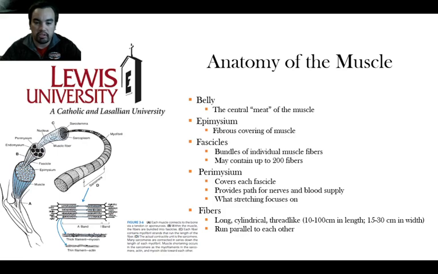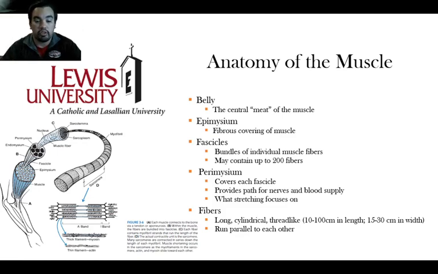So once you have your fascicles and your perimysium that connects, that turns into the fibers, and those are long cylindrical thread-like. Sorry, reverse what I just said. So the fibers make up the fascicles, are bound in perimysium, which make the epimysium, and then the muscle belly.